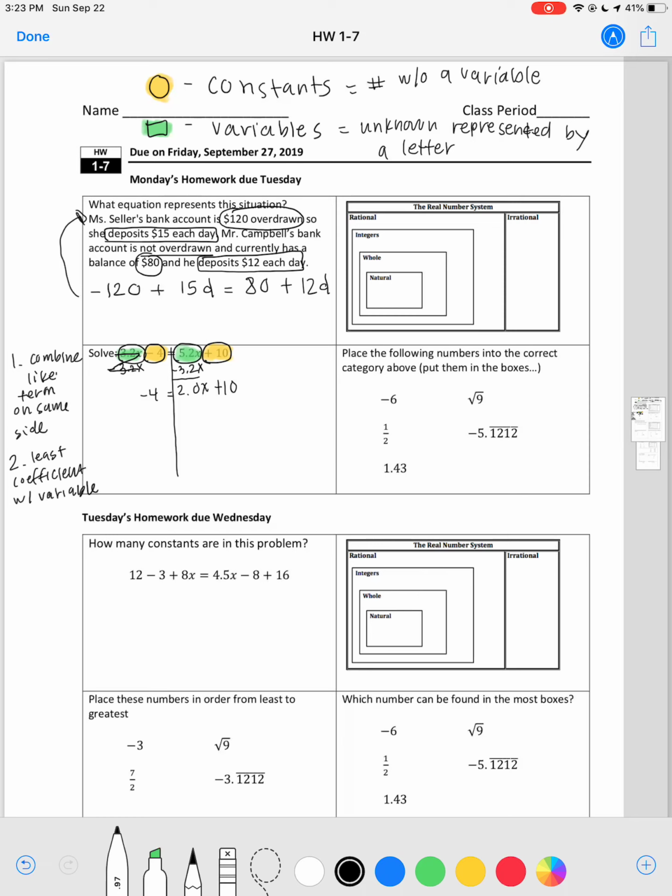And now, step 3 is to see if we have constants. And since we do have constants on both sides of the equal sign, we have to find the constant on the same side as the variable and move it.